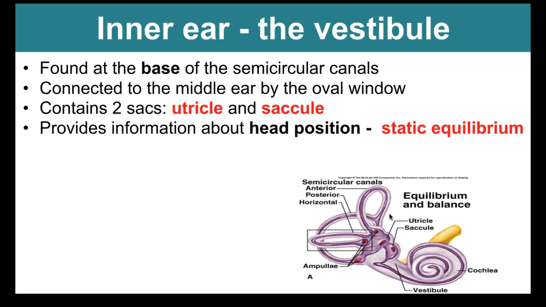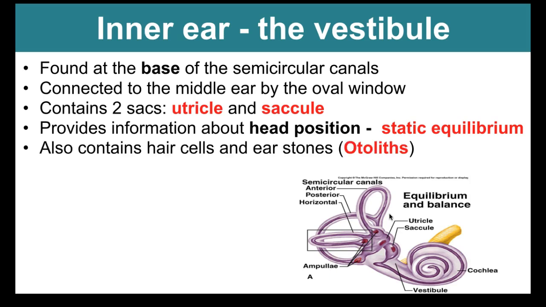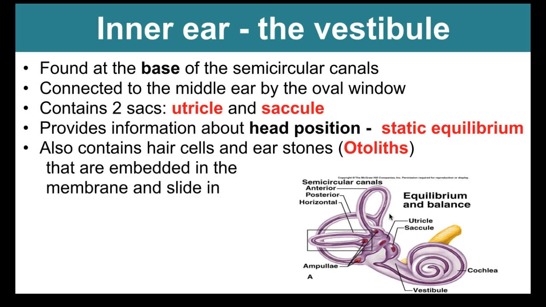This is what gives us information about head position, which is just moving our head towards our ear, or maybe forward or backwards. We have these things called ear stones, which are actually called otoliths, which are embedded in a membrane and slide in response to linear movement. So basically our head going up or down. Again, we're going to get into this process when we talk about how we control our balance and posture, but we'll do that in a couple of videos.